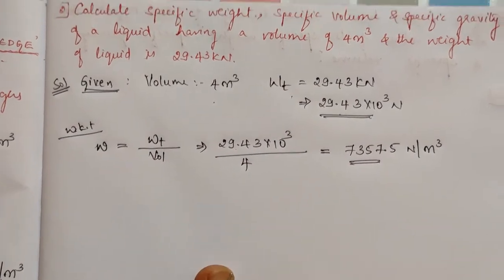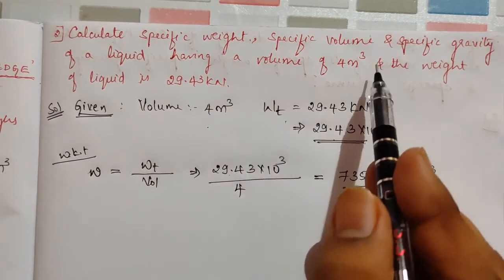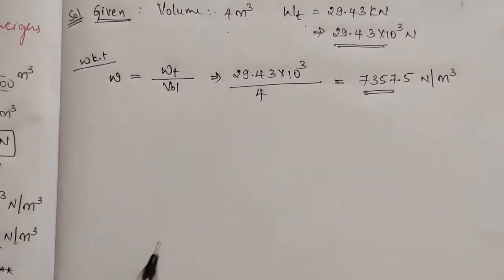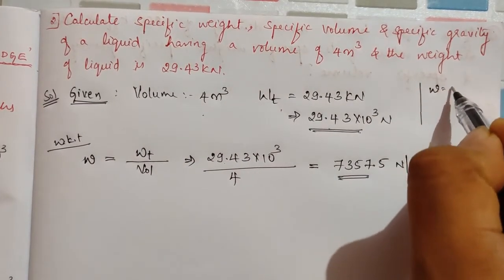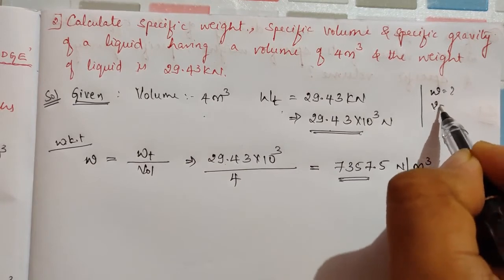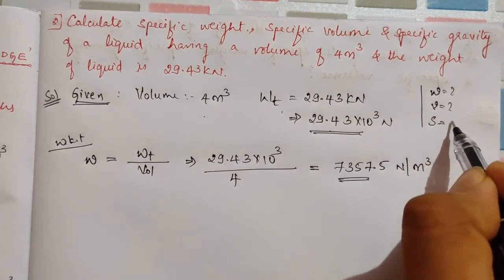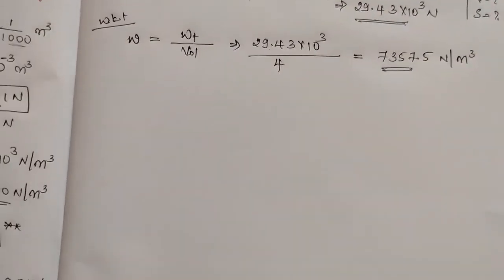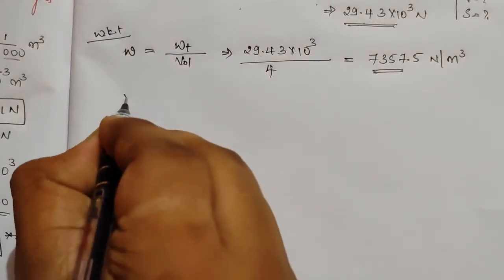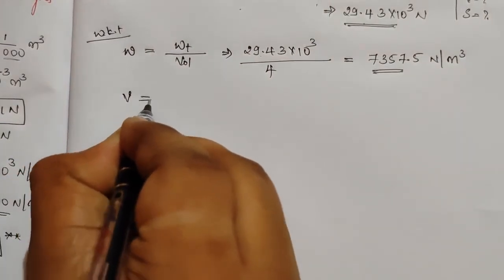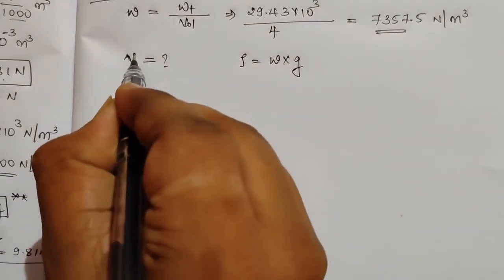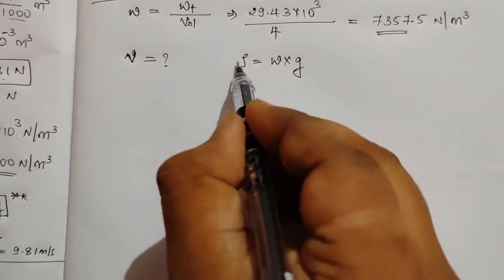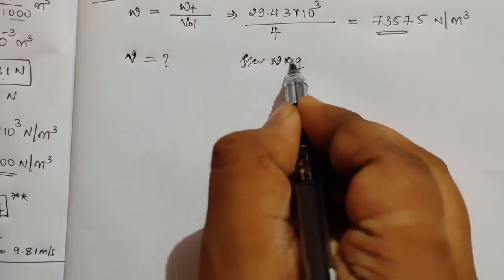Then what have they asked? They have asked specific volume and also specific gravity. So weight is asked, specific volume is asked, specific gravity is asked. Now, before finding specific volume, I'll find the density.